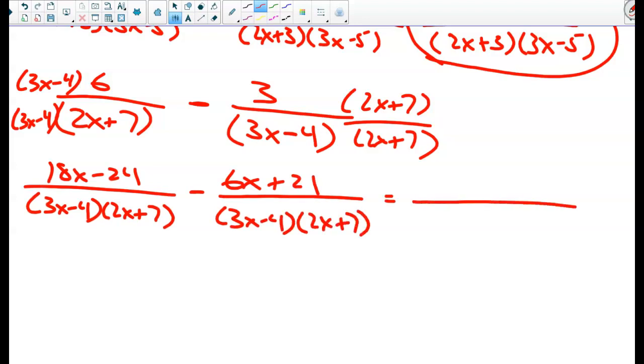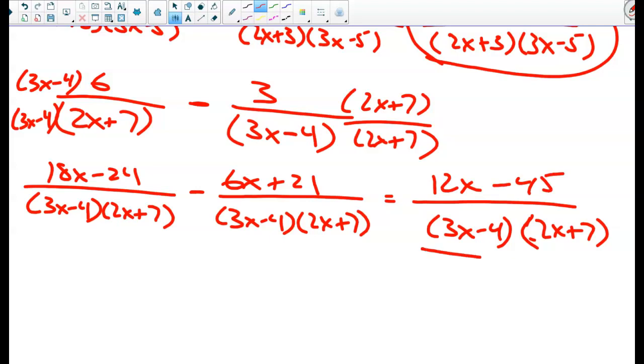That denominator is going to be 3x, oh, I'm sorry, 3x minus 4, and 2x plus 7. Don't change that sign. Okay. Now on top, 18x minus 6x, that's 12x. Negative 24 minus 21, that's a negative 45. And that's my answer.